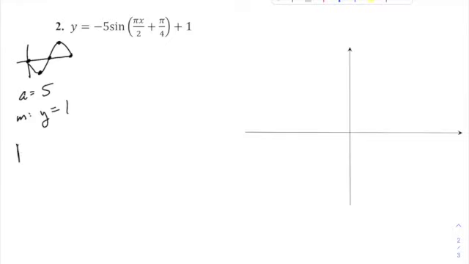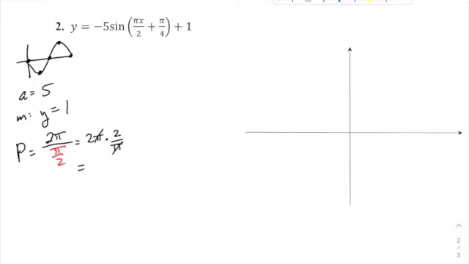Our period is 2 pi divided by that coefficient of pi over 2. So 2 pi divided by pi over 2, maybe you've gotten good at doing these in your head. Maybe you have to always take this step and write it out. That means 2 pi times 2 over pi, the reciprocal there, which is kind of nice.